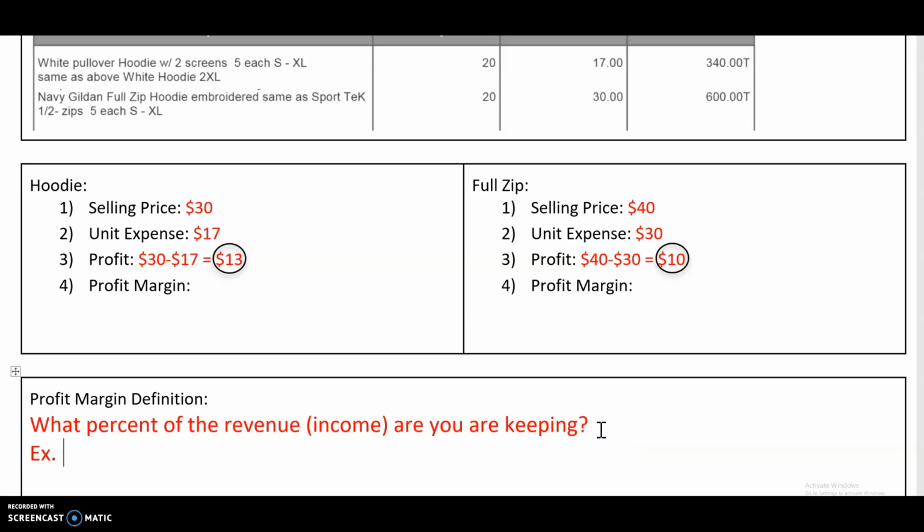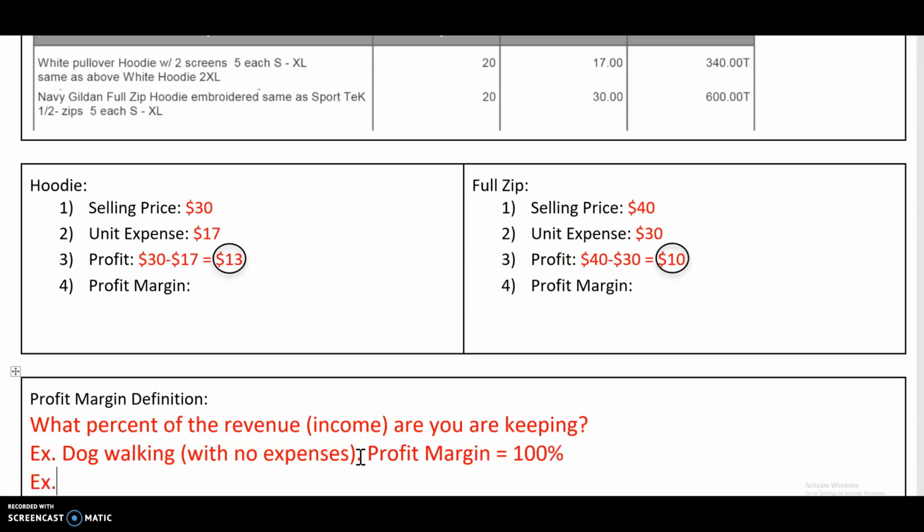So I'm going to write that down. Dog walking with no expenses. I guess some dog walkers could have expenses, but let's say we have no expenses. Your profit margin would be 100%. Go ahead and write that example down.